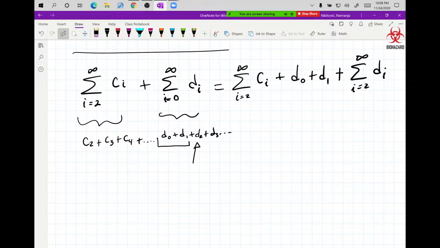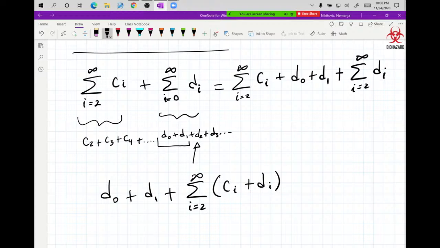Now, when you are able to peel off terms like this and combine the series, oh yeah, we're good. In that case, I have my D0 plus D1, and then plus summation i goes from 2 to infinity, and inside I have Ci plus Di, and these guys are combined into one, which is what I was looking for.